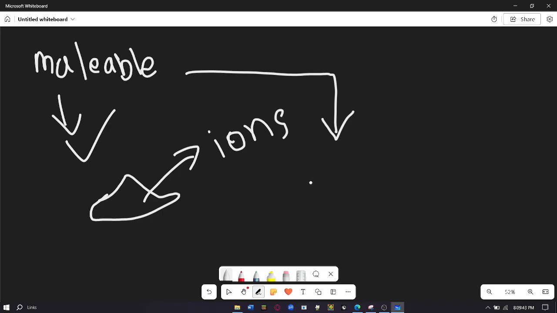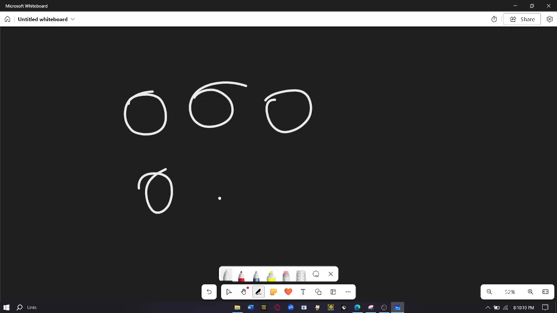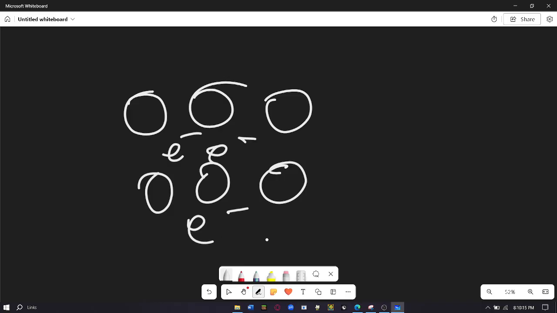Metallic bonding is the bonding between positive ions and negative delocalized electrons, or the free moving electrons, whatever you call it. If we're ever given a metallic bonding diagram, it is the one where you draw the elements in circles and then write e-, e-, e-, e-.